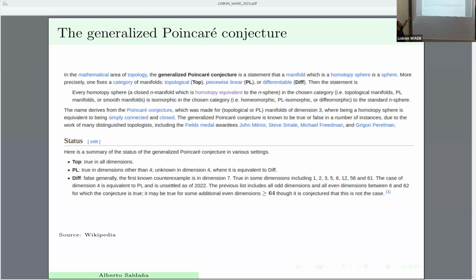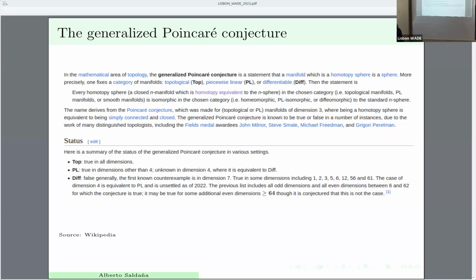Okay, so stated in this way, there are some cases where it holds and some cases where it doesn't hold. If we are looking at topological manifolds, then it's true in all dimensions. For piecewise linear, it's true in all dimensions except in 4, and in 4 it is equivalent to the differentiable case. And in the differentiable case, it's false in general.